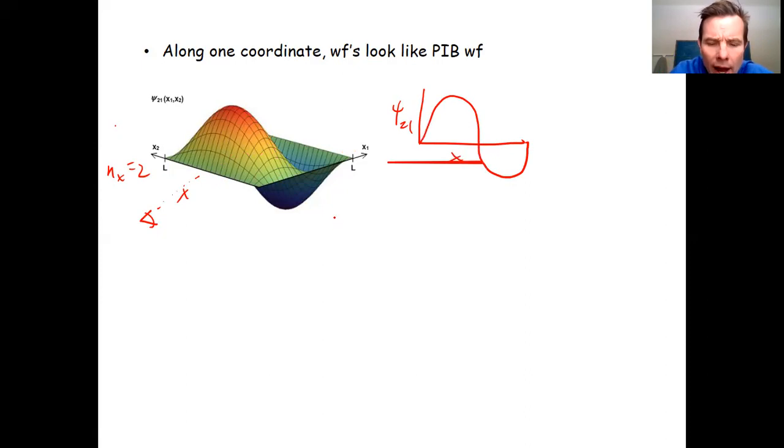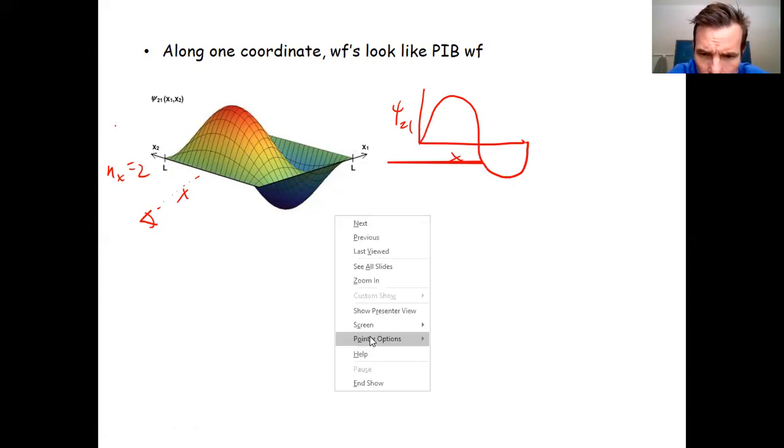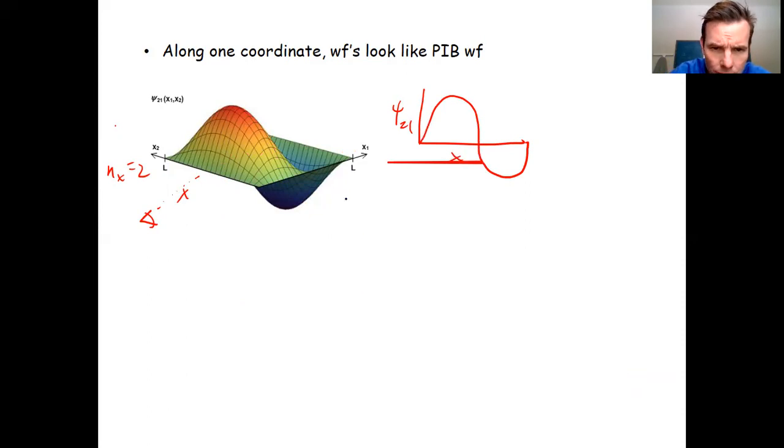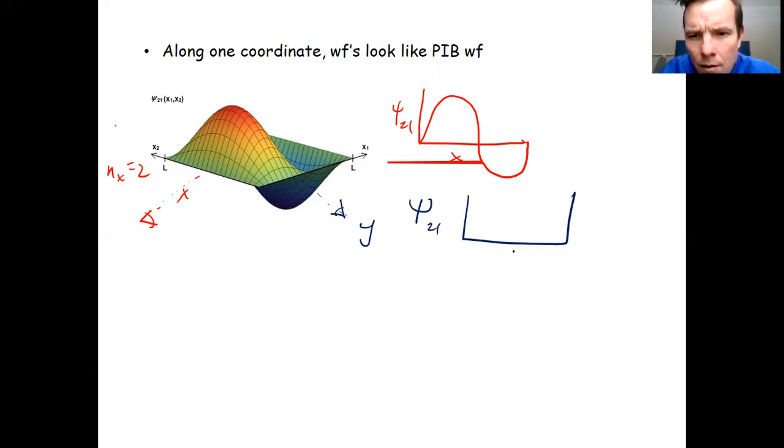Whereas along the y-axis, this would look just like the lowest energy, n equals 1 particle in a box wave function. So you can start to get this imagery.